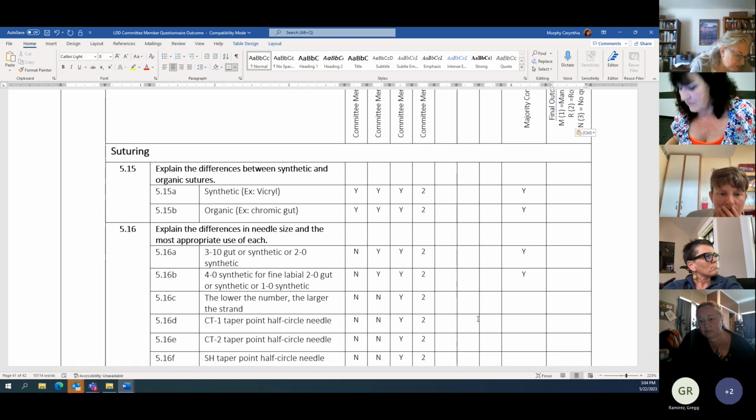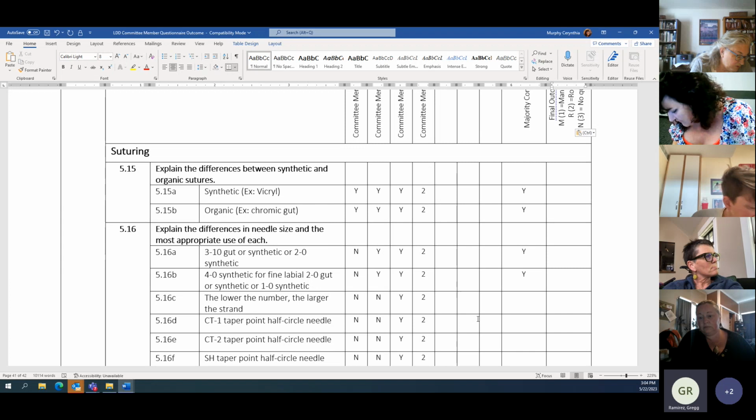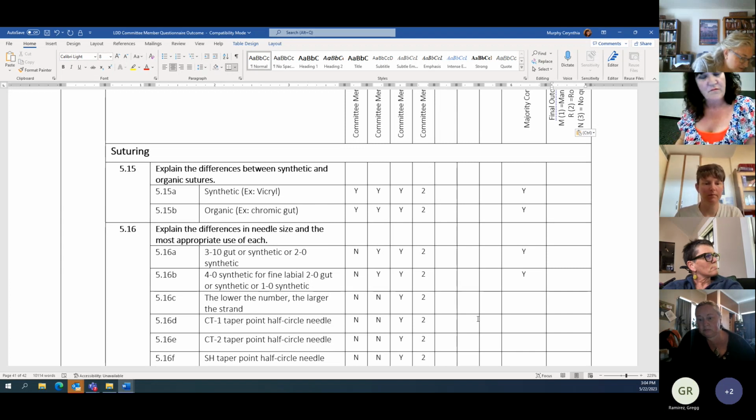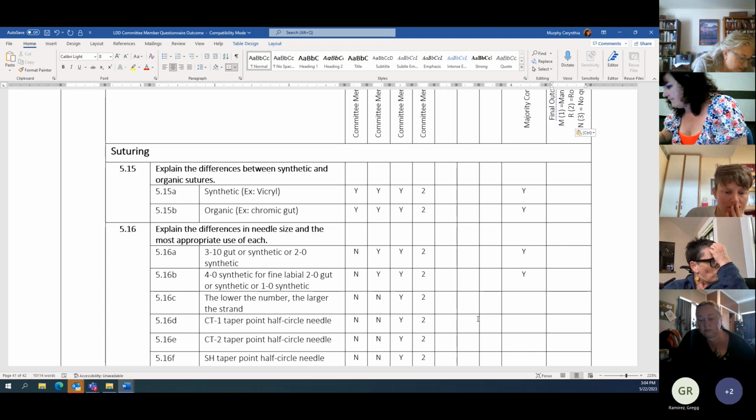So we can go through this and what they need to have. Not everything we originally talked about is on this list. Oh, there's the tissue forceps, they're down there.